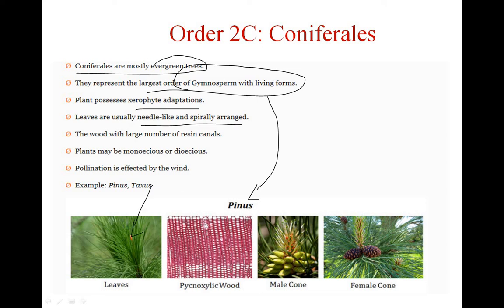You can observe these needle-like leaves and their spiral arrangement, and wood with a large number of resin canals. Plants are sometimes monoecious or dioecious, and we know that gymnosperms are most of the time pollinated by wind. Here these are Pinus leaves, with the male cone as well as the female cones, and Pinus and Taxus are examples from the Coniferales.